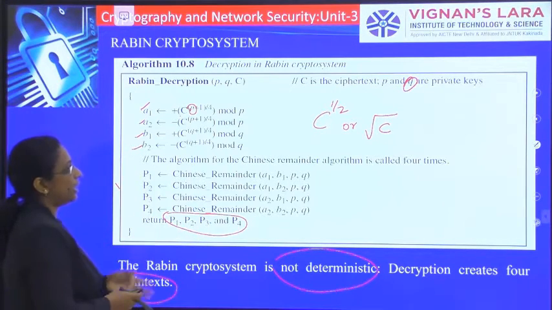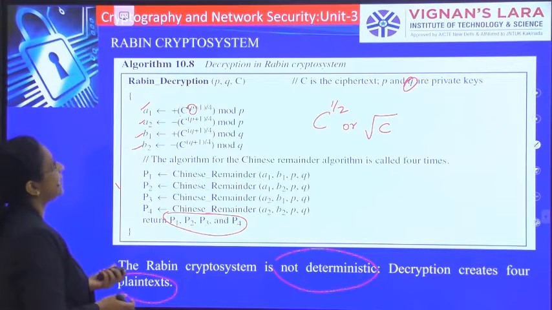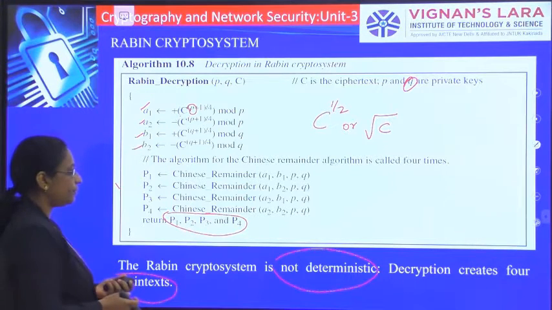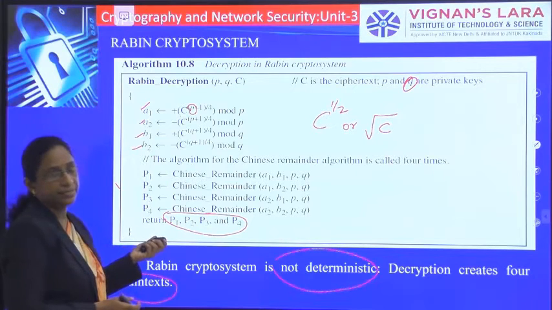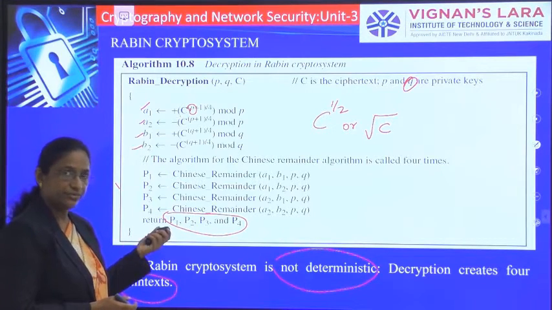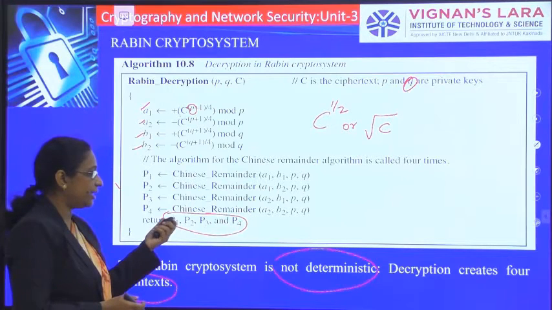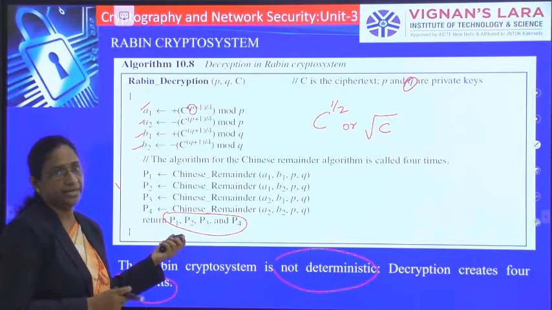So that is about the Rabin crypto system. In the decryption process, you apply the Chinese remainder theorem and get 4 different plain texts, and one among these will be your plain text.